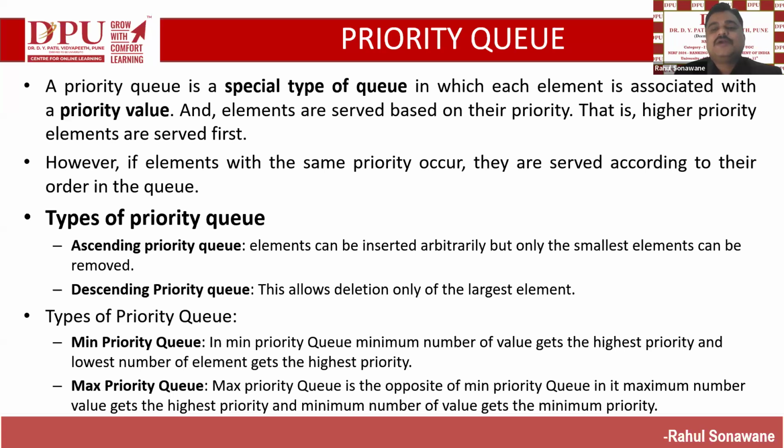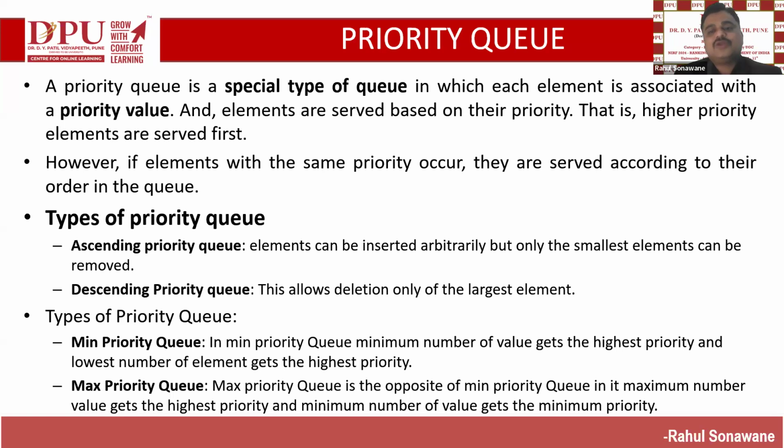It means if a certain element is assigned a priority value, let's say 0, then that element will have higher priority among the other elements within that particular set, right?